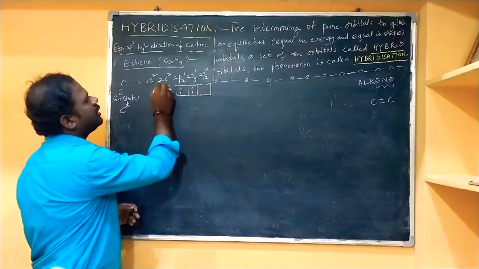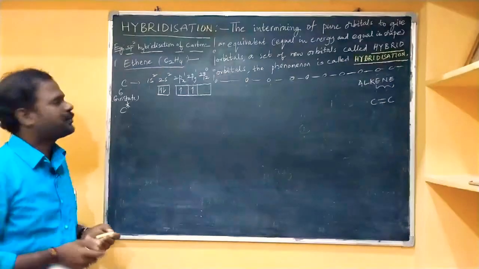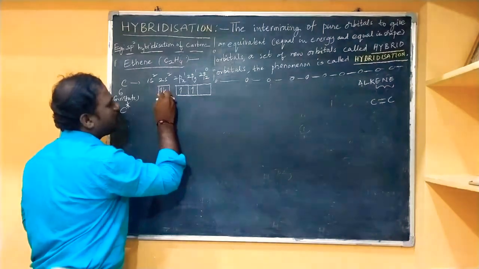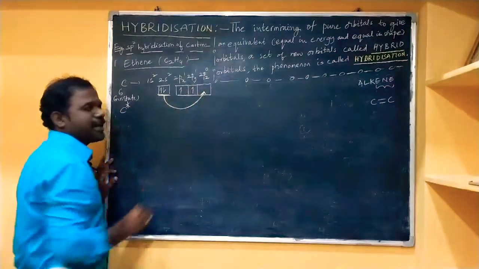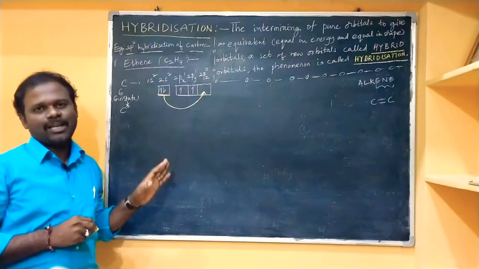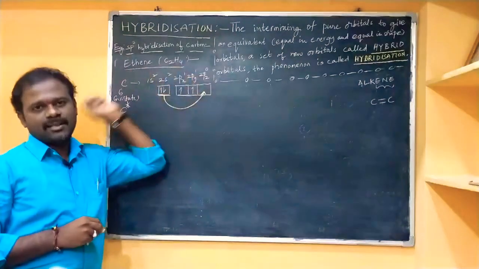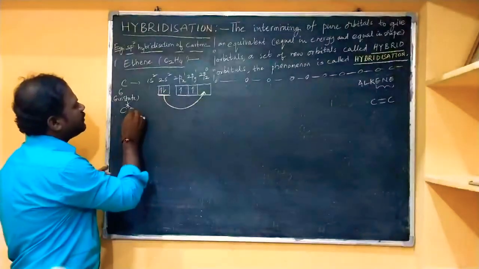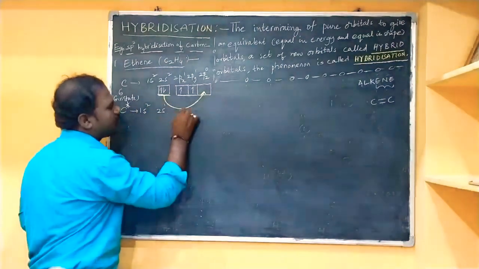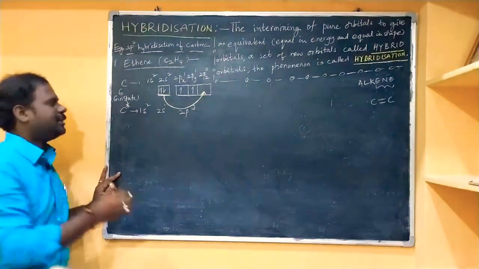The valence shell electronic configuration is 2s2, 2p2. So promotion of an electron takes place from a lower energy level to a higher energy level, because according to the n plus l values, 2s has less energy than the 2p set of orbitals. So shifting of an electron takes place, and the configuration becomes 2s1, 2p3.